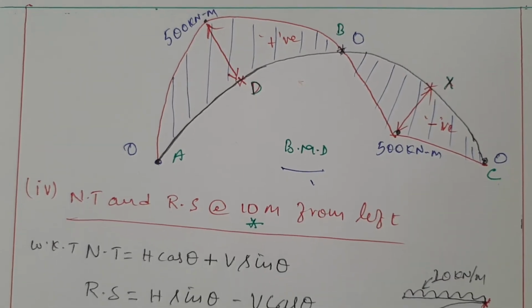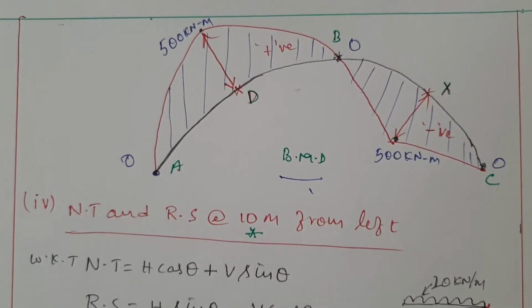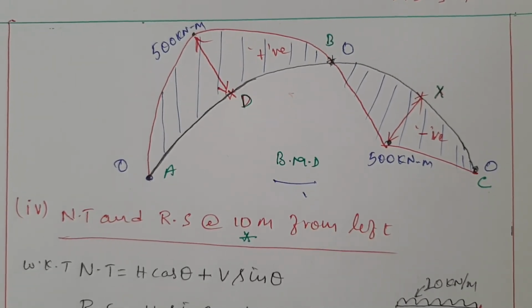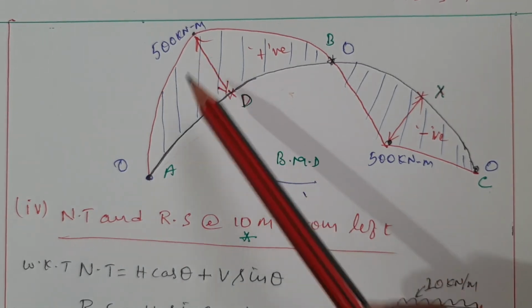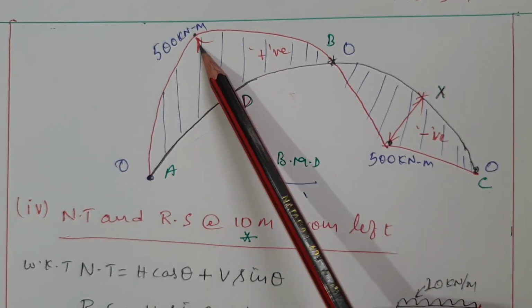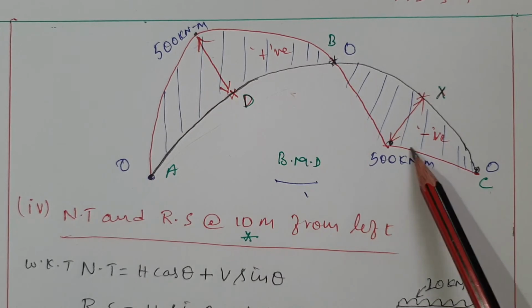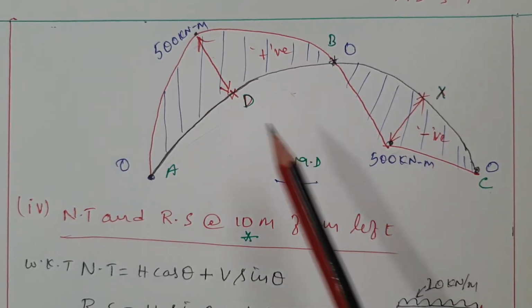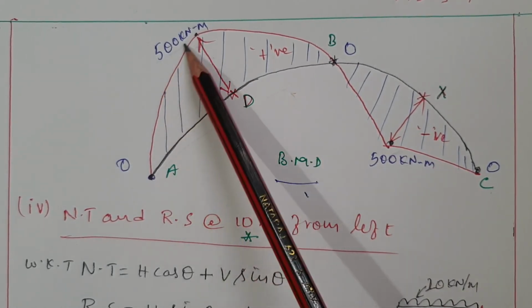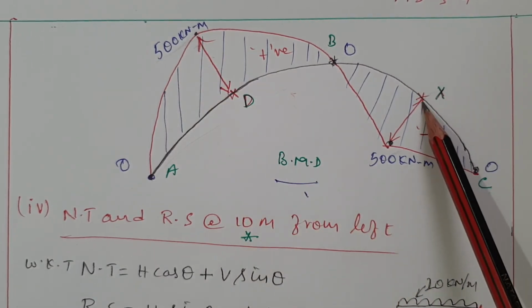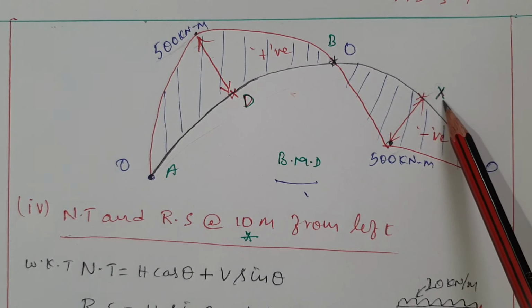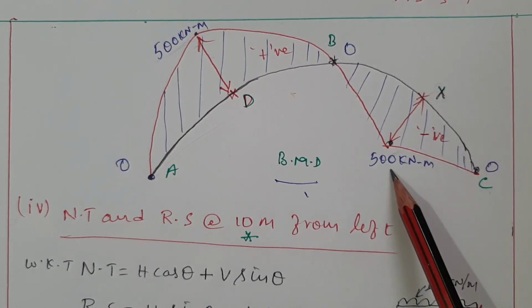The bending moment diagram will look like this. Positive will be represented above the axis of the arch, negative below the axis, and this is point D. You will get the maximum bending moment 500 kilonewton meter here, and there is no load here, but X is the point where you get maximum bending moment, 500 kilonewton meter.